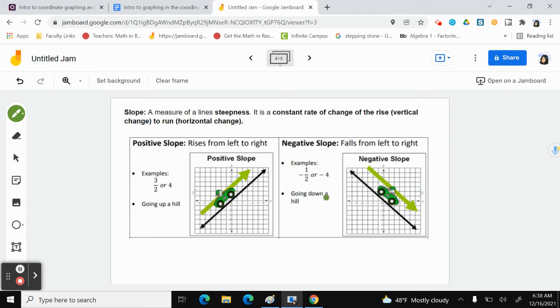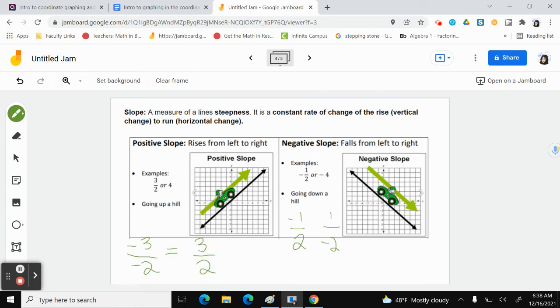And we would get a negative answer when we calculate the slope. Okay, notice there's only one negative sign, right? Negative 1/2 means I could put the negative with the 1, or I could put the negative with the 2, but I can't put the negative with both, right? Because if I got a negative over a negative, we know that a negative divided by a negative is actually a positive.